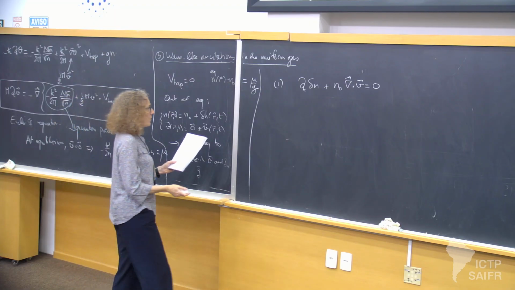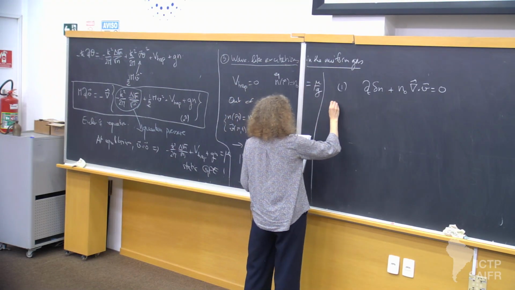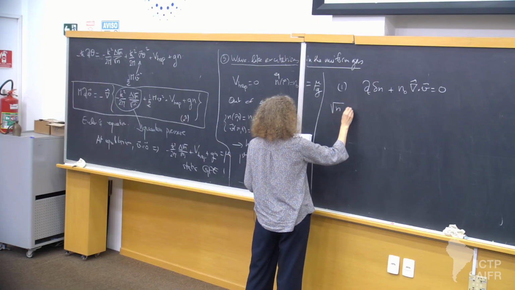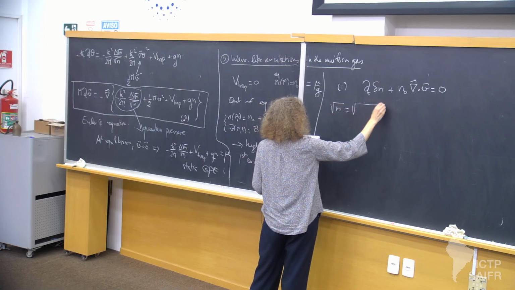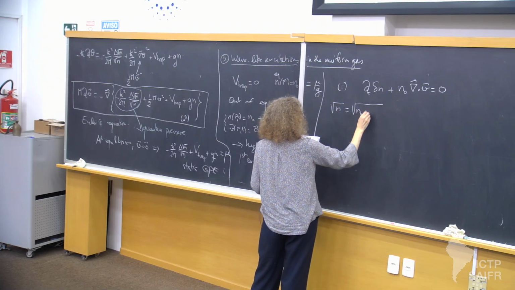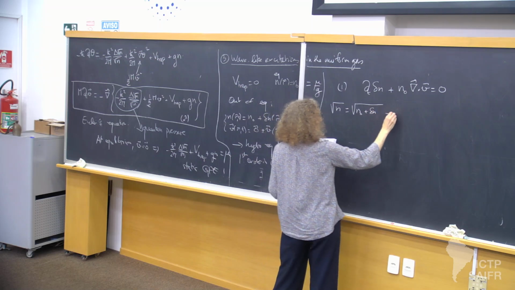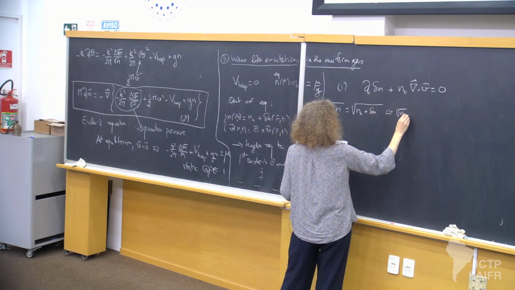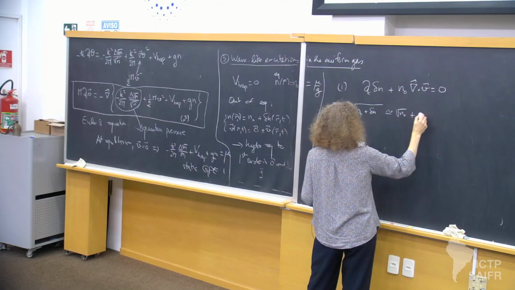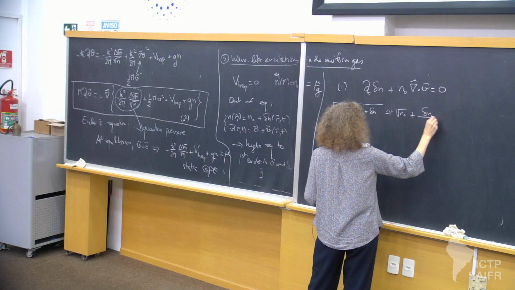And then for the other one, I have to look at what is the expression of the square root of n, which is the square root of n0 plus delta n. And so this is approximately the square root of n0 plus delta n over 2 square root of n0.